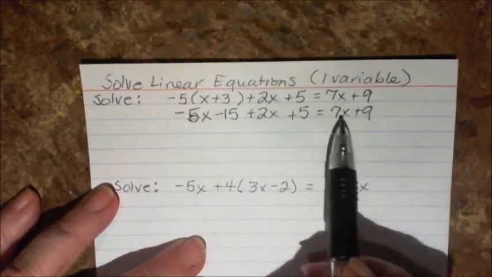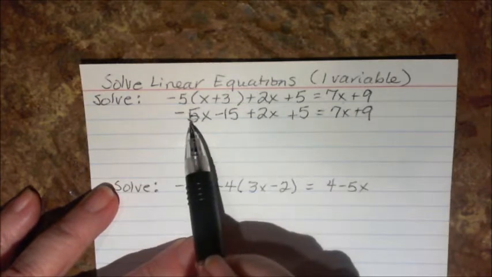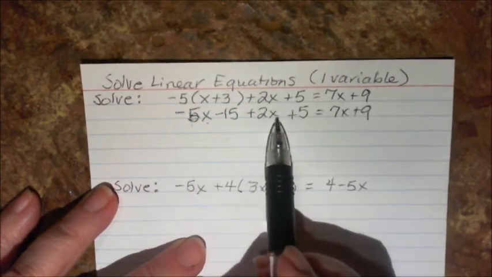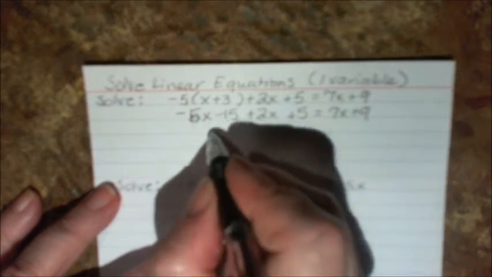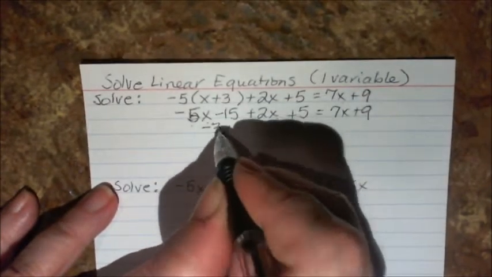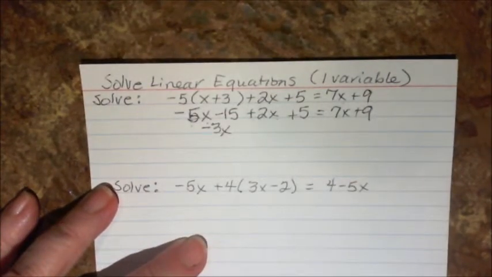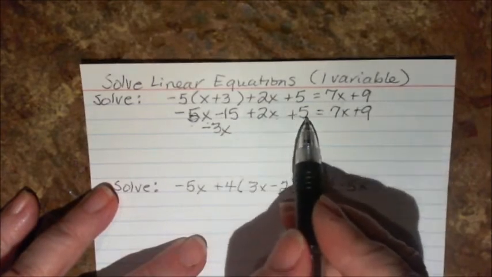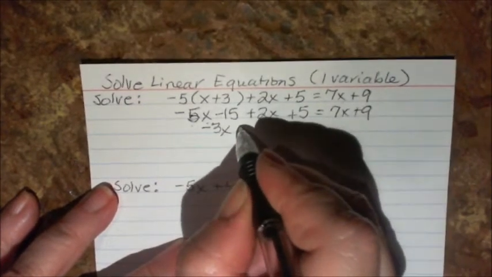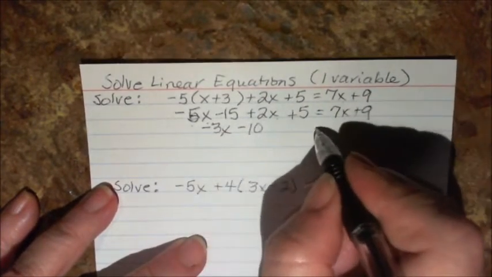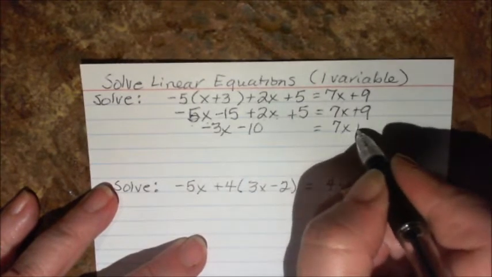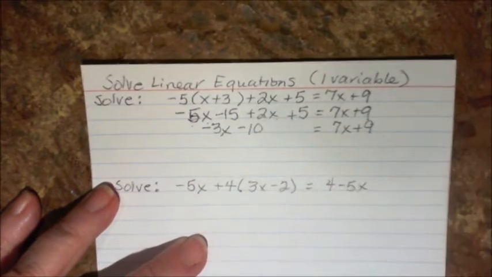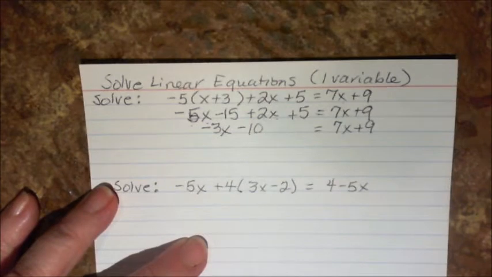Now on each side of the equation we should simplify if possible, so negative 5x plus 2x are like terms. Together they combine for negative 3x. Negative 15 plus 5 are like terms. Together they combine for negative 10. Continue to write the other side of the equation, which is already simplified.